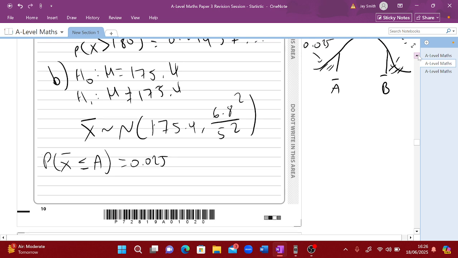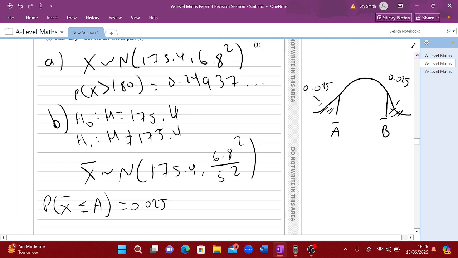Because that's like a cumulative, and we want the area below it to be 0.025, because remember, it's a 5% significance level, but we're splitting it into two. So how are we going to find A? Well, if we know the area, and we know the mean and the variance, we can just use the inverse normal function in the calculator.